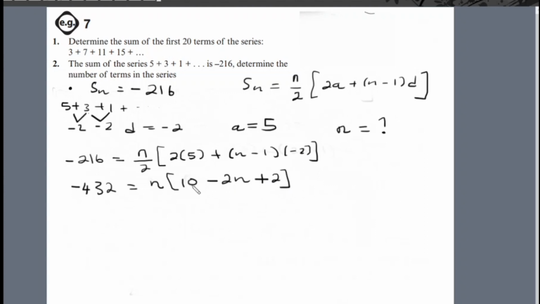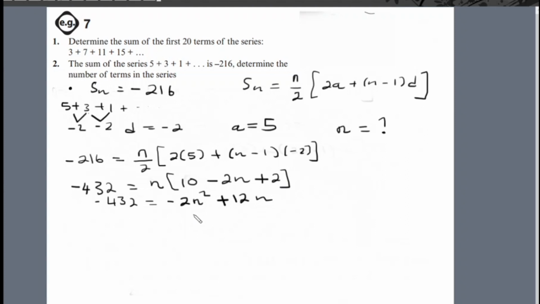Let's distribute the n on the outside into the brackets: 10 plus 2 is 12, so plus 12n, and minus 2n squared.